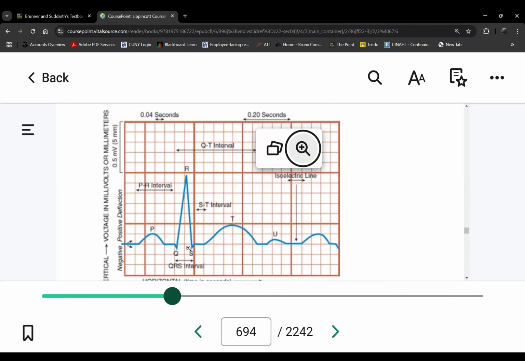The next one is the PR interval. Like I said earlier, the PR interval does not include the R. The PR interval is actually from the P wave down to the beginning of the Q. Notice that we measure and identify each wave based on a certain imaginary horizontal line.